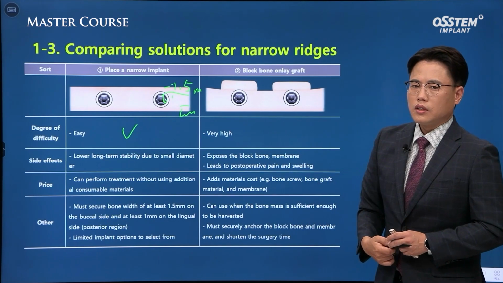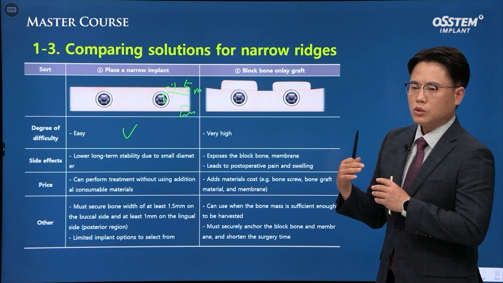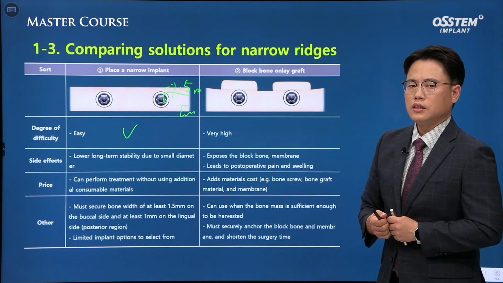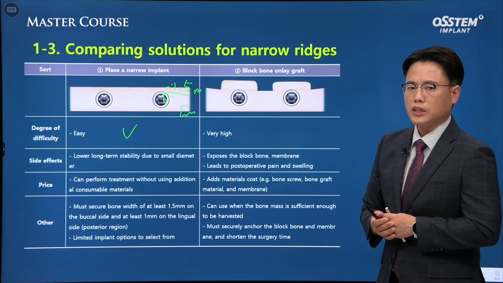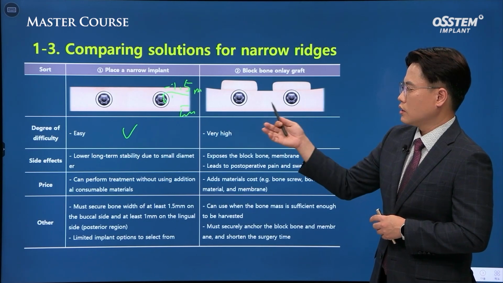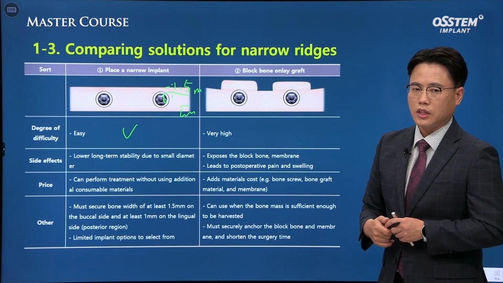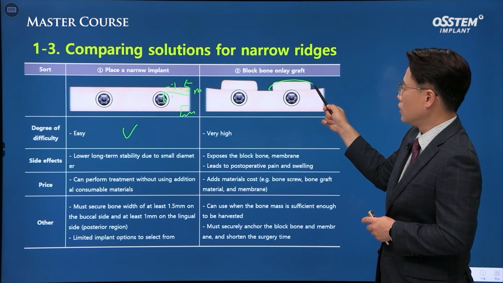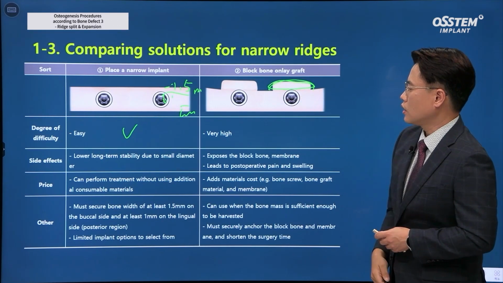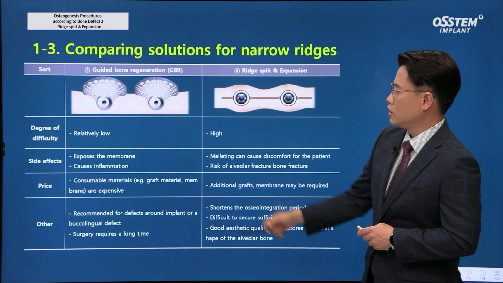However, if that area needs to bear load or if it needs to be used as abutment and requires more strength, we cannot use narrow diameter implants in this case. In order to augment the bone width, a block bone onlay graft may be necessary, or selectively GBR can be done.